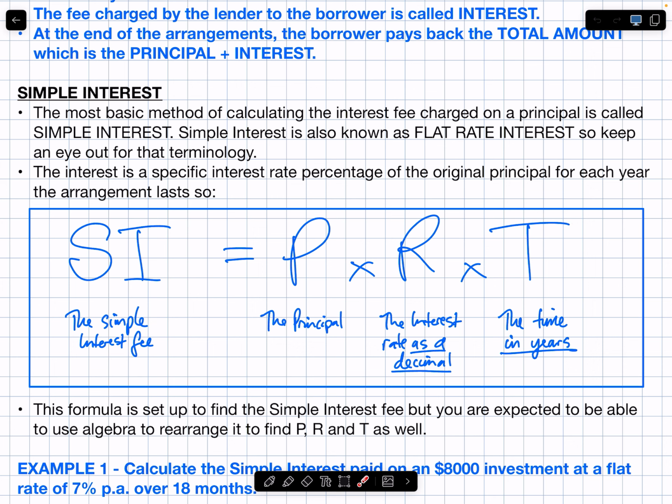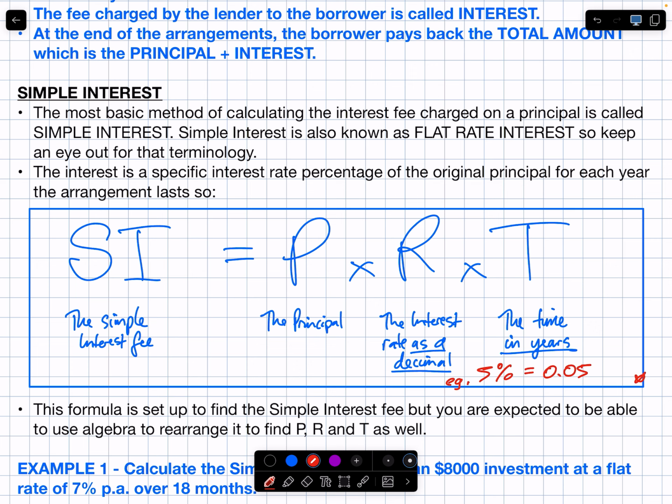Is it 0.5 or is it 0.05? Sorry? 0.05. Because 0.5 would be 50%, and a 50% interest rate would be ridiculous, but also not unrealistic if you're using credit cards. Please don't do that. So 5% is 0.05 as a decimal. And T is the time in years.